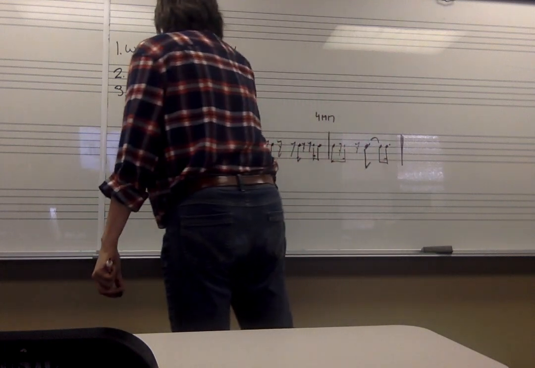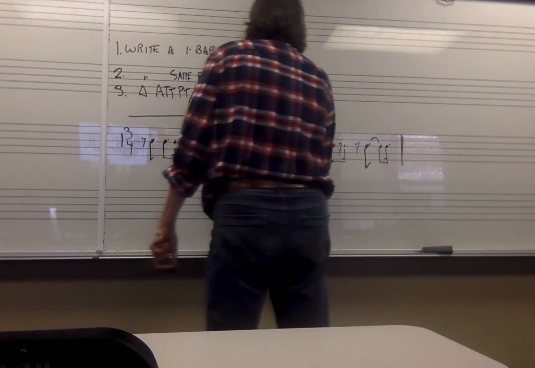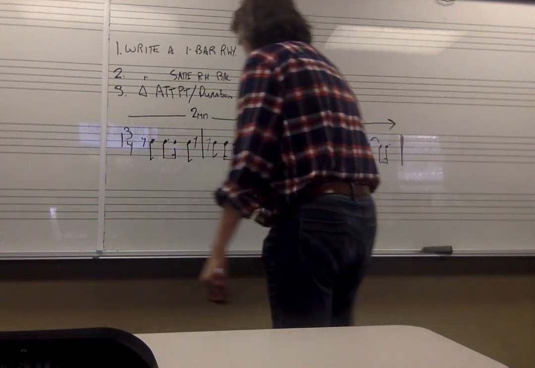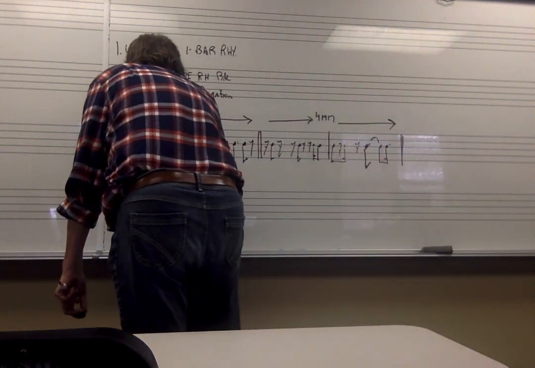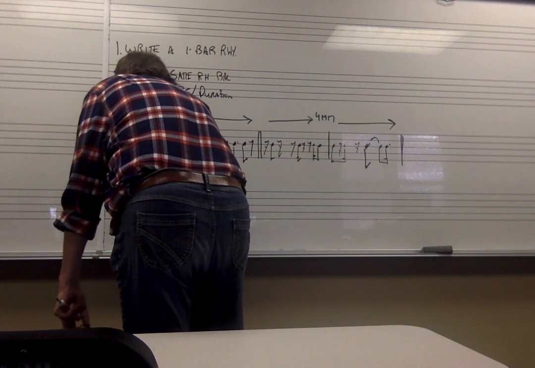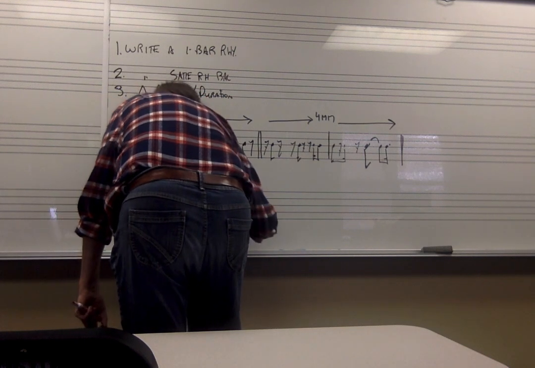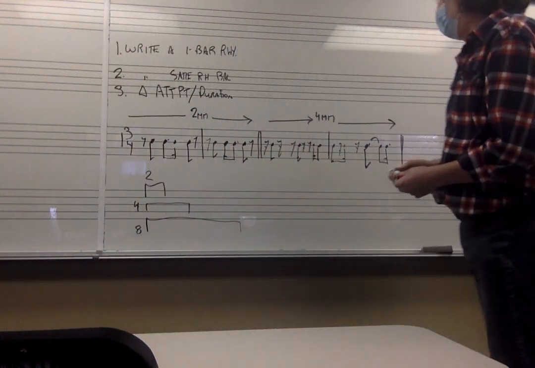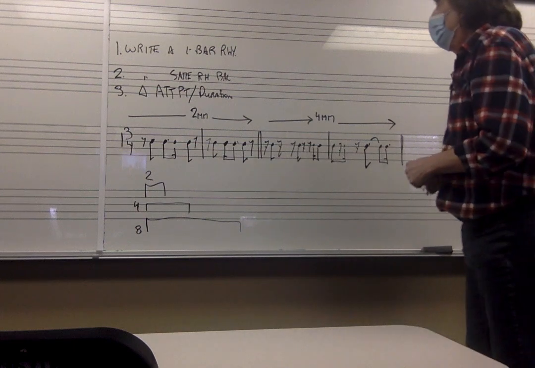Right? There's a 2-measure space here, and adding that to it, you create a 4-measure space. And so 2 becomes 4, which would become 8 if you kept doing this process over and over again.